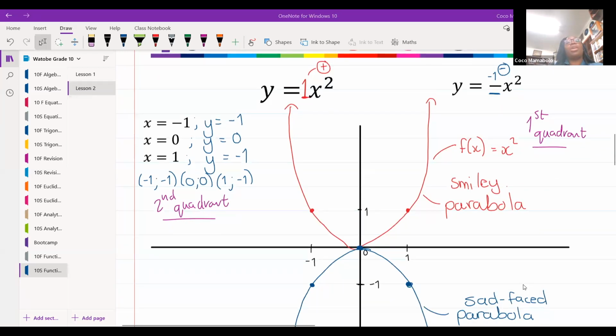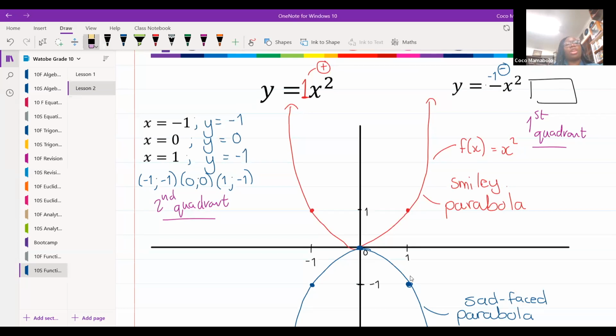Okay, so they probably wouldn't ask you what type of parabola it is, because that's not the point of this. The point of it is that it's just a shape. The things that they would possibly ask you about is this value in the front. We're also going to add another number at the back in a little bit. They will ask you more about those things than about the shape.